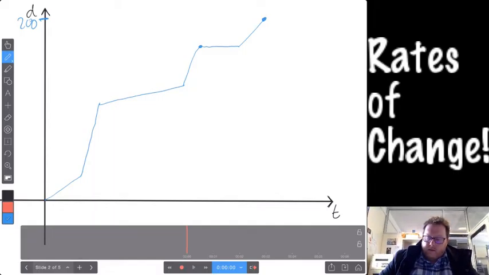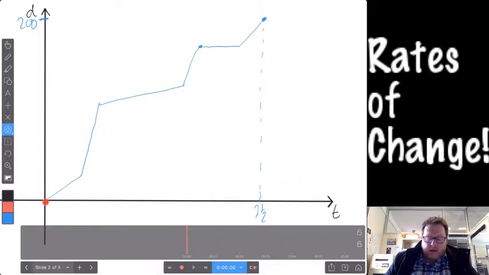And let's just say it took us 2.5 hours to travel that distance. Okay, so we've travelled 2.5 hours, 200 kilometres. As you can see from this graph, we've got different speeds that we've travelled.